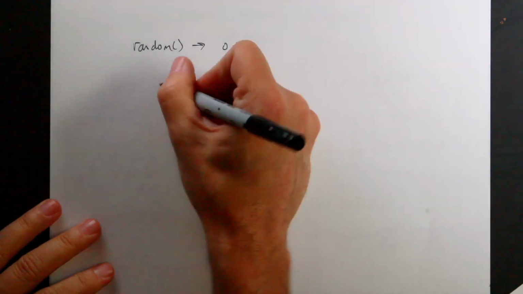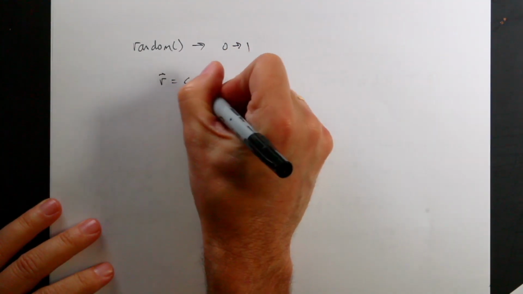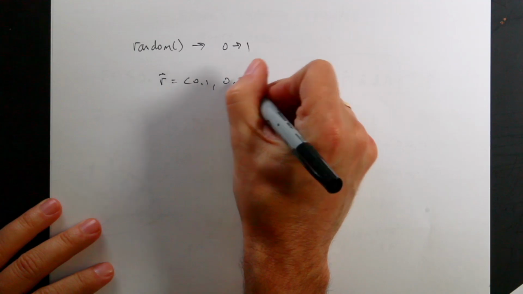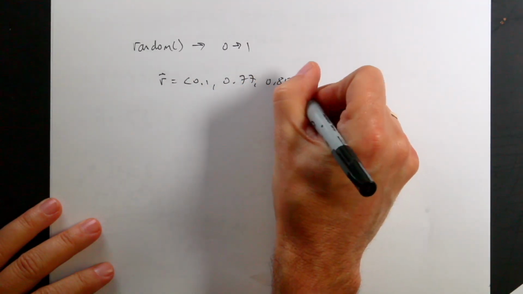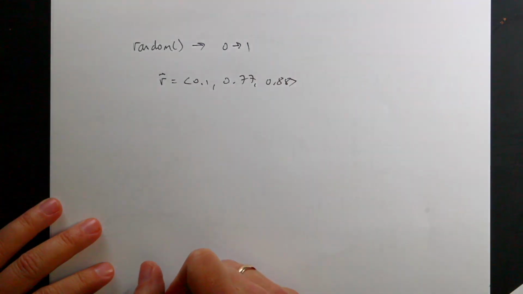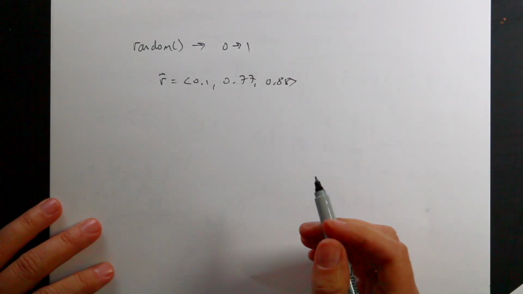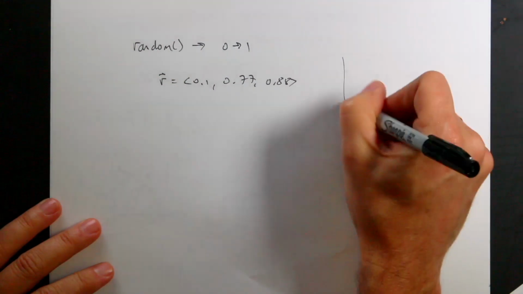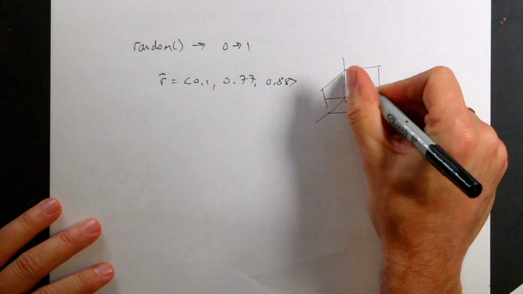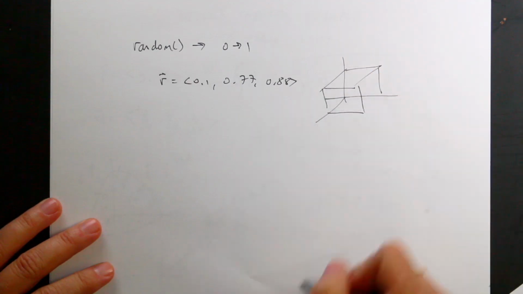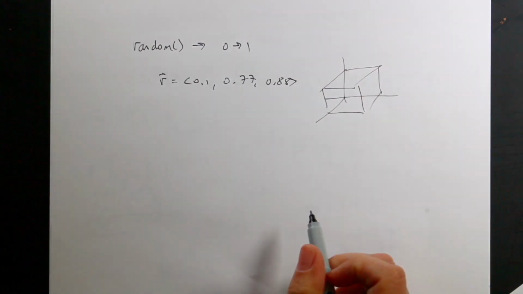And it will be a vector, let's say r equals 0.1, 0.77, 0.88, whatever. And if I generate a whole bunch of those things, it would fill up a cube that's 1 by 1 by 1. Those would be all in that space.